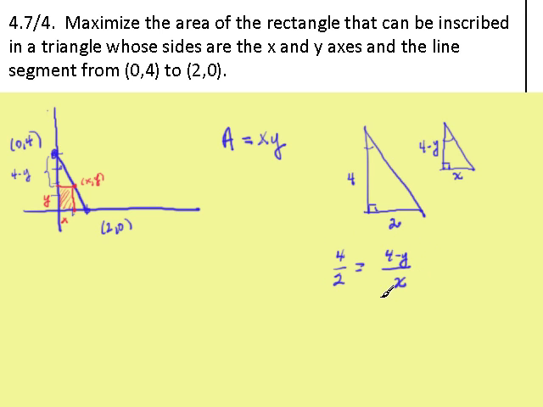Now there's our relationship between x and y. Let's just reduce that: 2 is equal to 4 minus y over x. Now cross multiply, and we have 2x is equal to 4 minus y, and let's divide by 2, and we have x is equal to 2 minus y over 2.